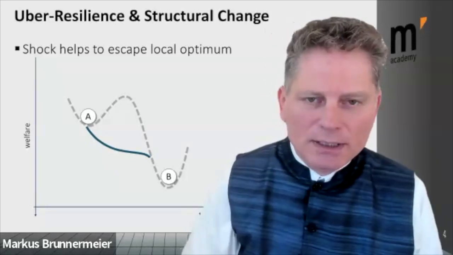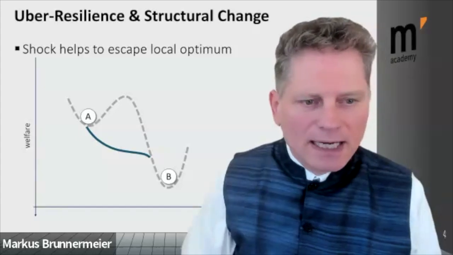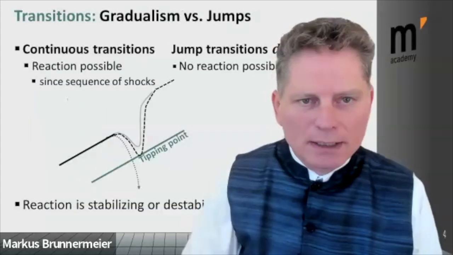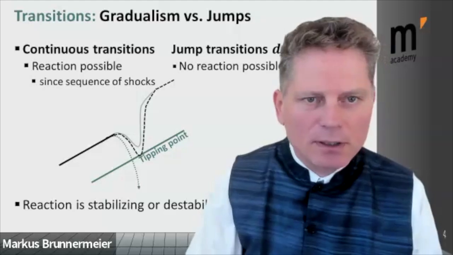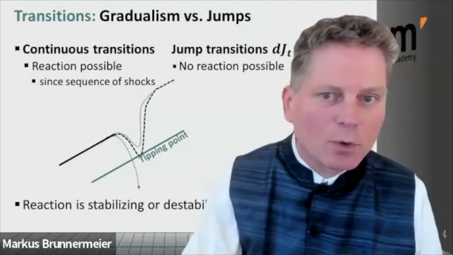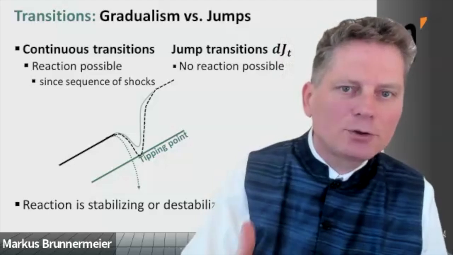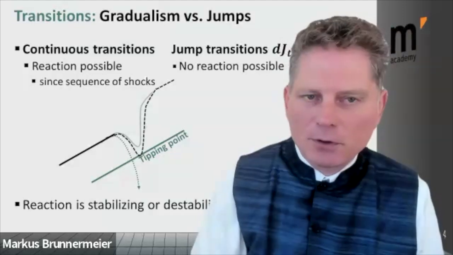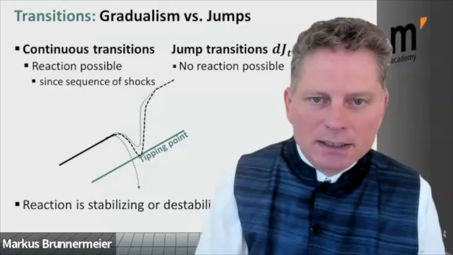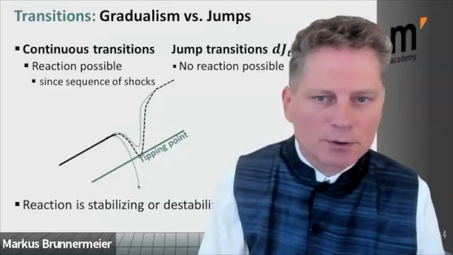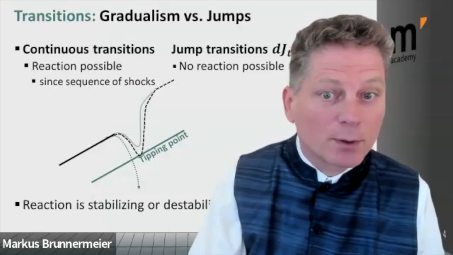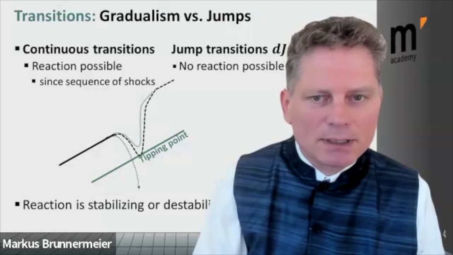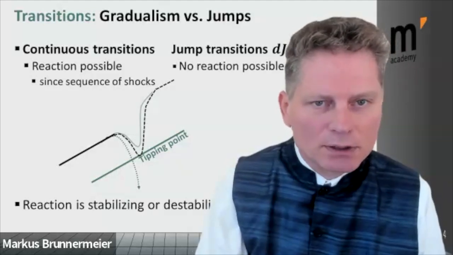The other question is, do you really want to have a gradual change so that a continuous transition is possible? So there is a sequence of smaller shocks, or do you want to have one big jump? The big difference is if you have a sequence of smaller shocks, there's a reaction possible after each smaller shock. So think of a Brownian motion or Wiener process, whereas with a jump, essentially it's one jump and there is no reaction possible.